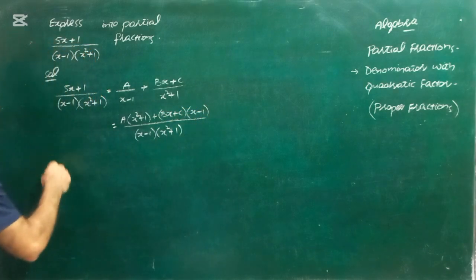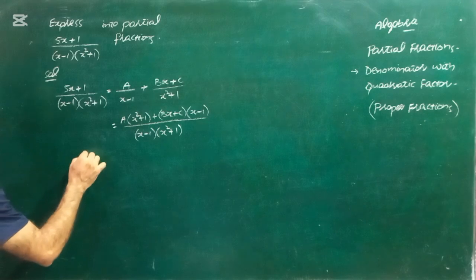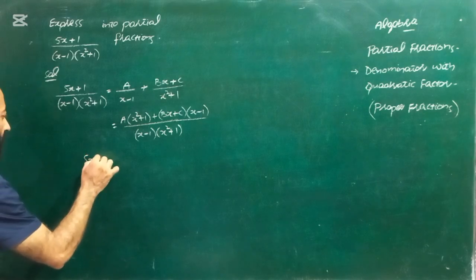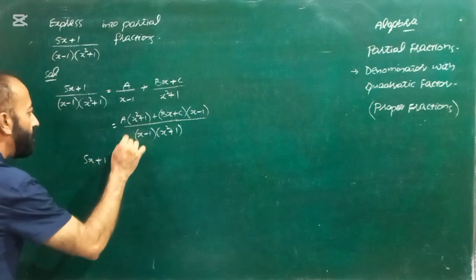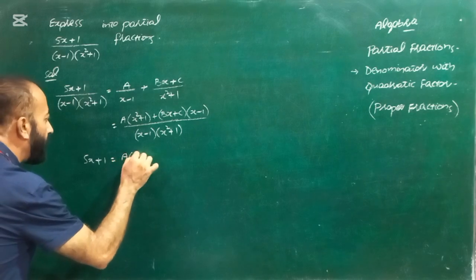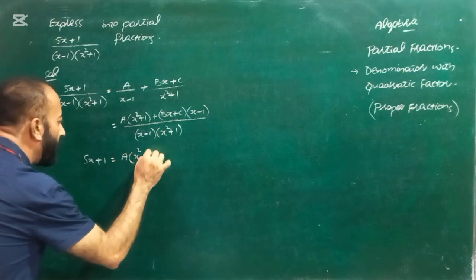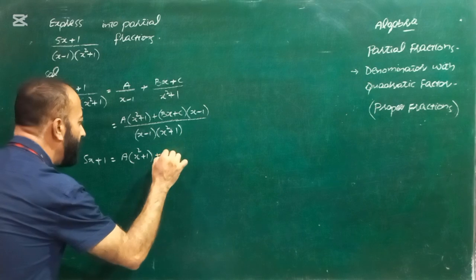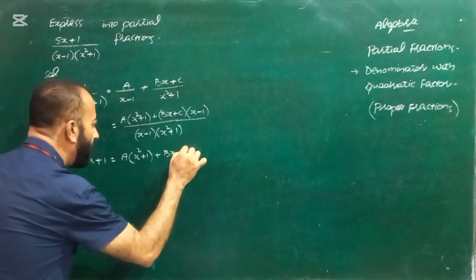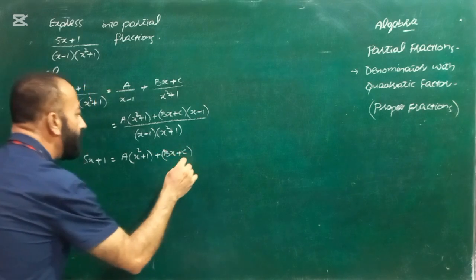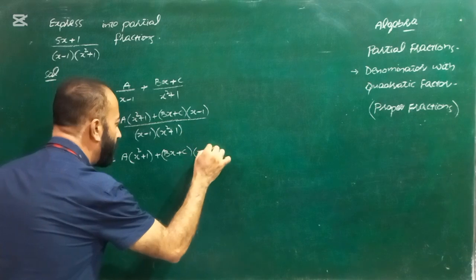So now denominator will be cancelled on both sides. So left hand side will be 5x plus 1 equal to a into x square plus 1 plus bx plus c into x minus 1.